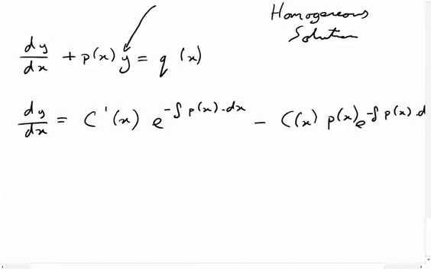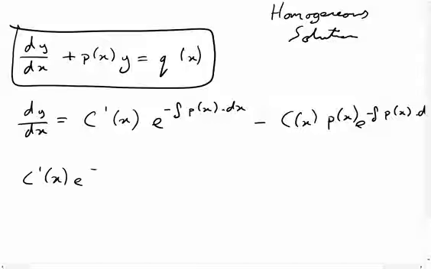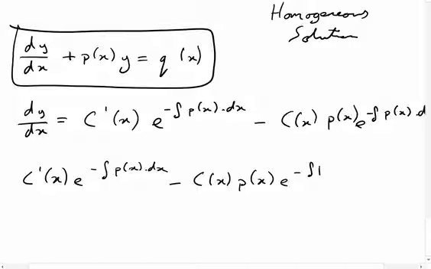So then we plug it back into this original non-homogeneous equation. What have we got? We get c dash x e to the minus integral of p of x dx, minus c of x p of x e to the minus integral of p of x dx.